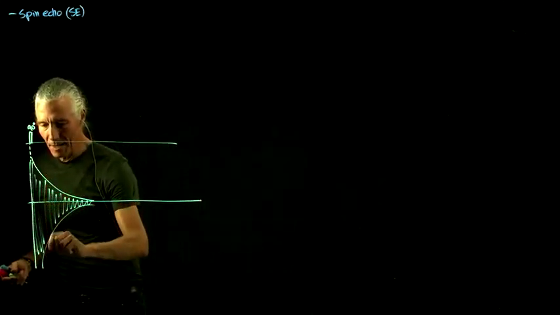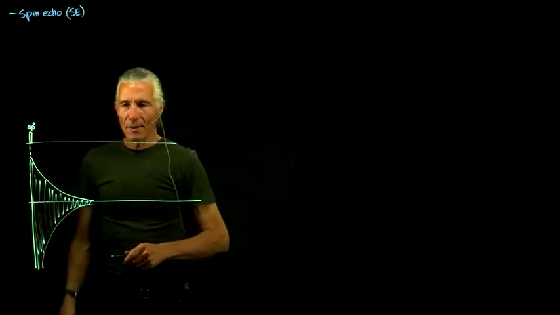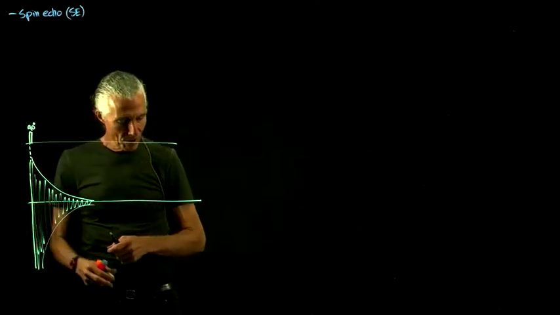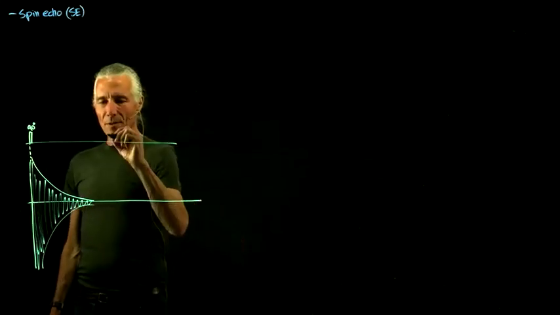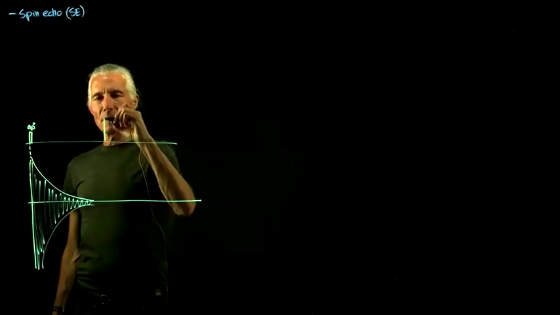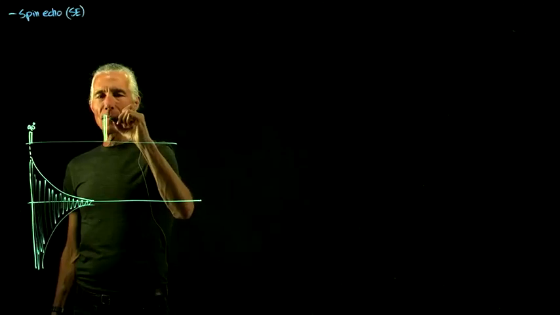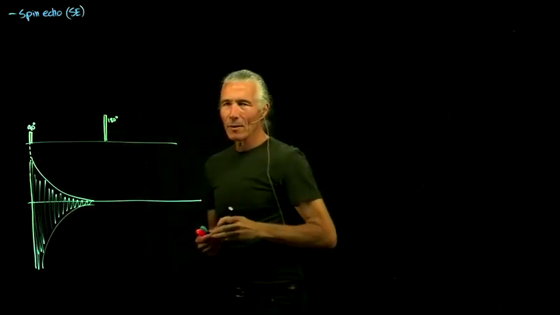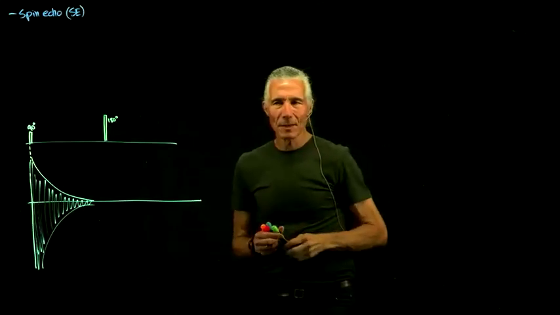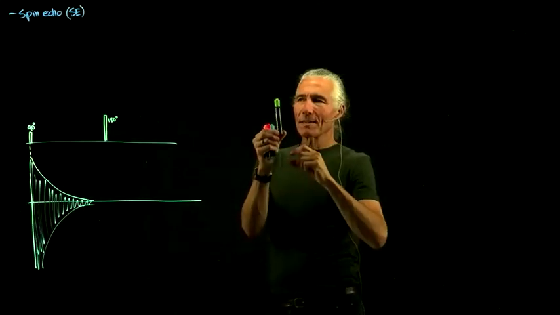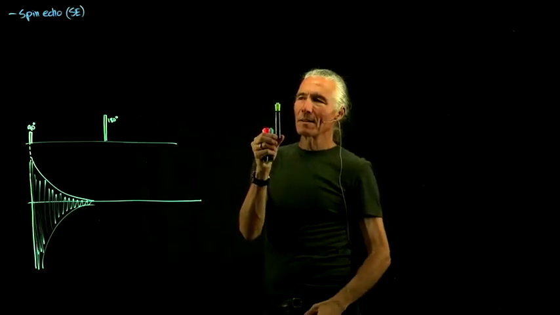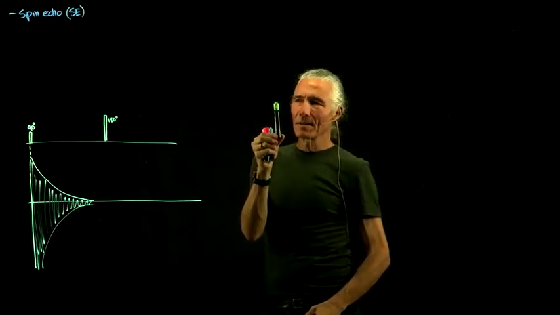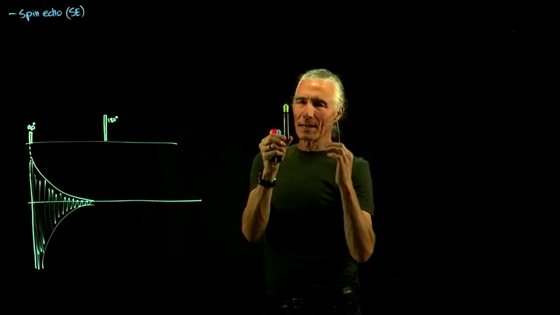Then we do another pulse, and if we do the second pulse as a 180-degree pulse, a 180-degree pulse is kind of a special case, because if we started off lined up with the magnetic field, there would be no transverse magnetization, no XY magnetization.